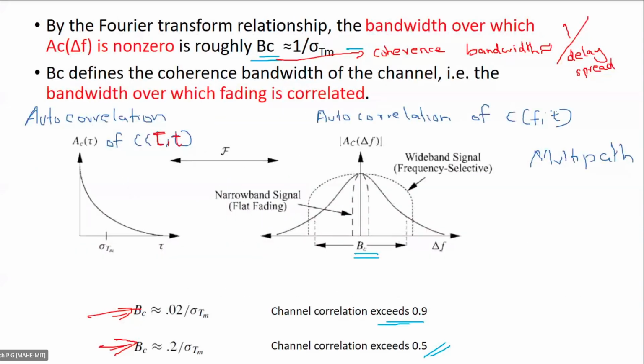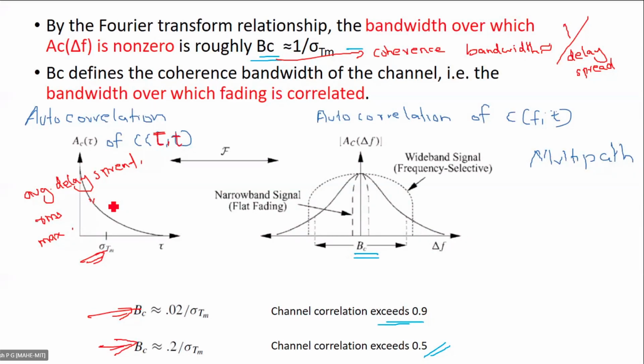So once we have this diagram, AC of tau with respect to tau, we can calculate values like average delay spread, RMS delay spread, then maximum delay, etc. So AC of tau with respect to tau is nothing but the autocorrelation value of C of tau comma t.